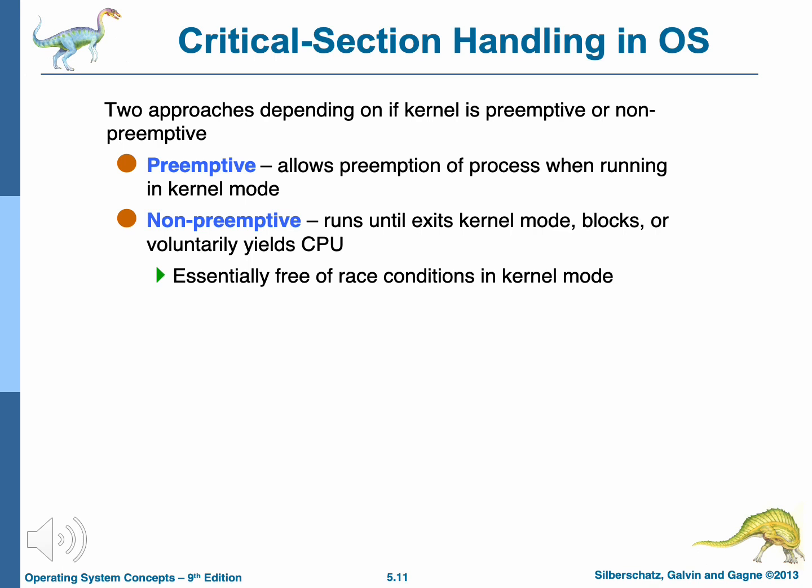Consider as an example a kernel data structure that maintains a list of all open files in the system. This list must be modified when a new file is opened or closed, adding the file to the list or removing it from the list. If two processes were to open files simultaneously, the separate updates to this list could result in a race condition.